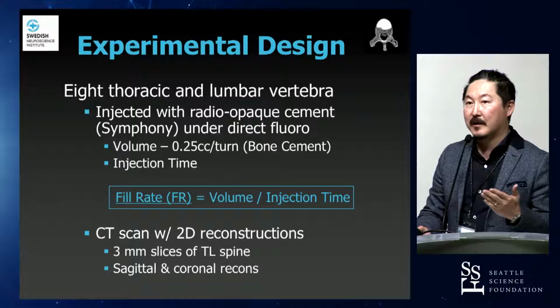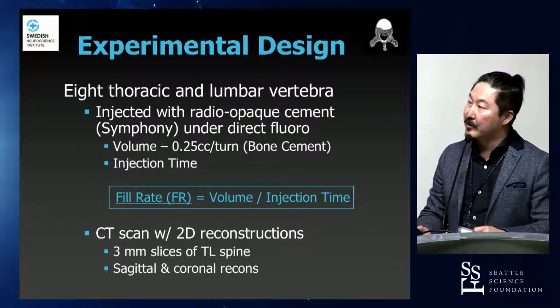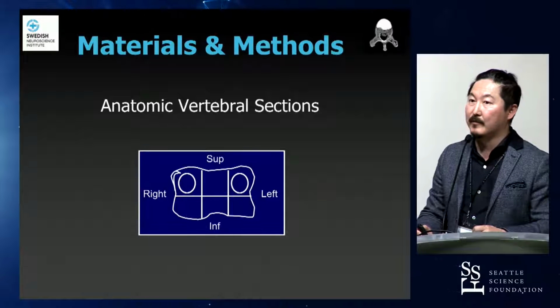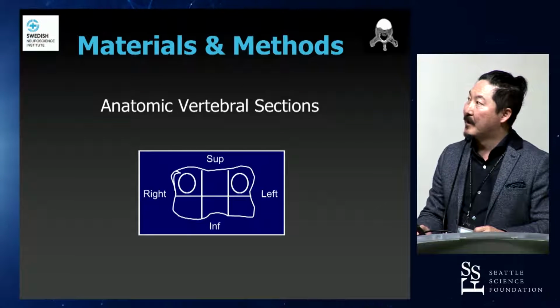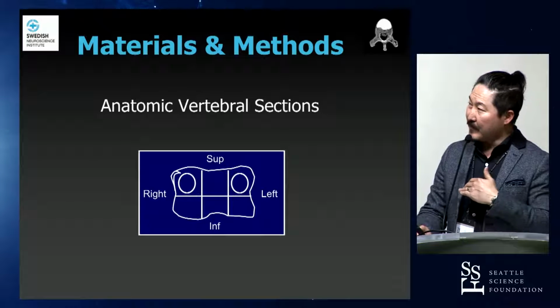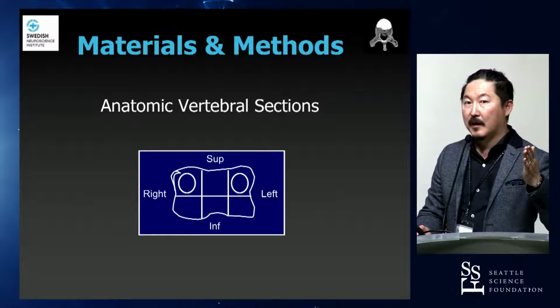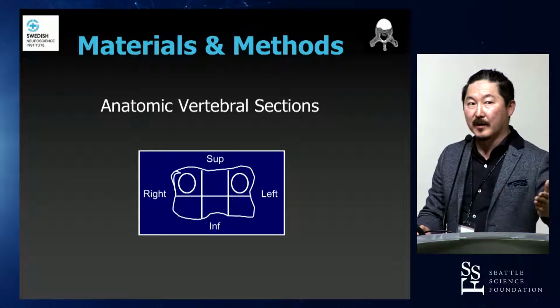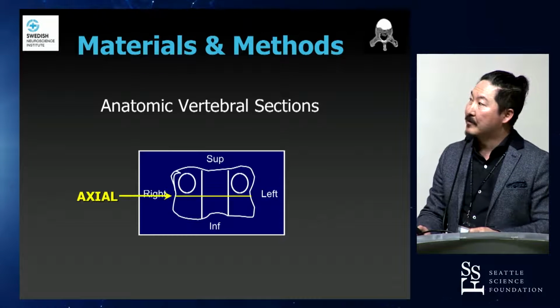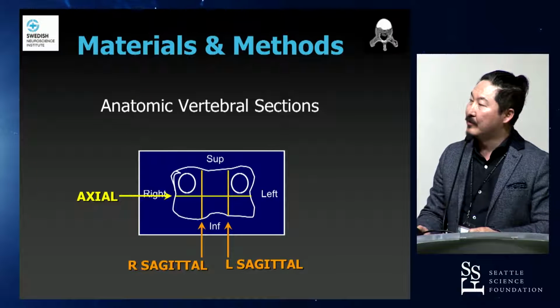And then we took 3D or 2D reconstructions of the CT scans, and analyzed them both radiographically as well as anatomically. We took sections axially through the mid portion of the vertebral body, and then took two separate mid-sagittal sections, one on the left and one on the right. So this is the axial cut, and then we made the right sagittal and left sagittal cuts.